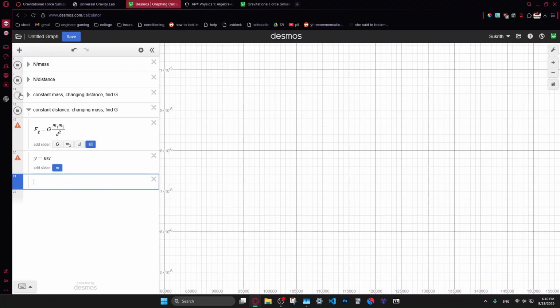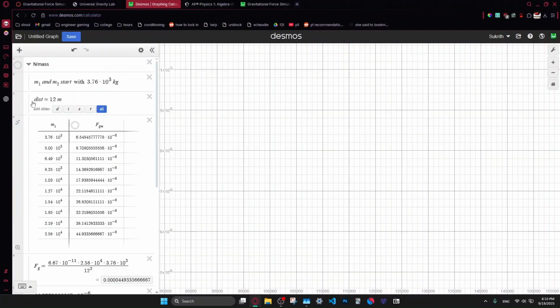Now we're going to build another table. And this time, we're going to keep the distance the same, because I put constant distance up here, right? So m1, m2, d squared is still our input, but now distance stays the same. Because remember, when we found changing mass, we set our distance to be a constant when we change the mass of mass 1.